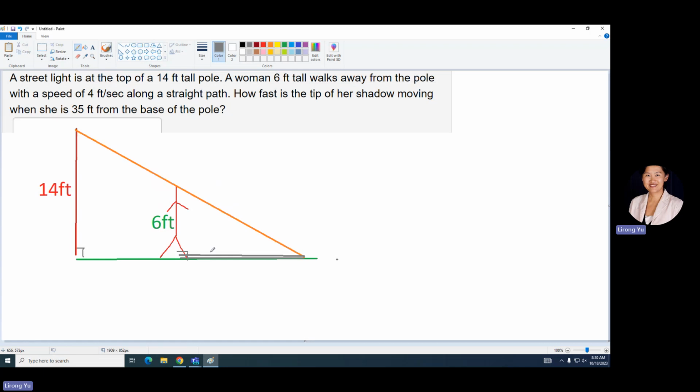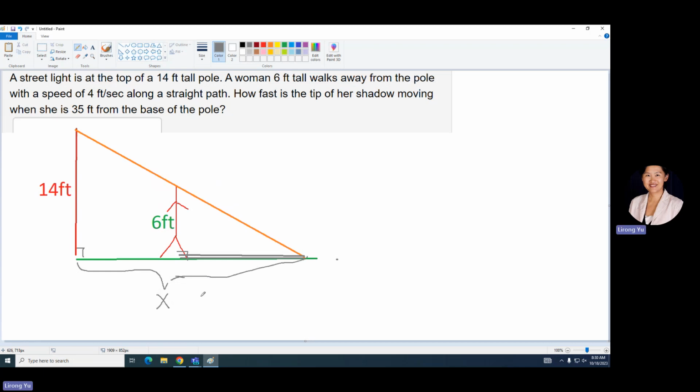How fast is the tip of the shadow moving when she is 35 feet from the base? All right, so we are focused on this one, but the moving of a single point is not going to be quantified. The moving of an exact measure will be quantified. So what we're going to do is call this the origin, so we can measure this. We're going to call this the x value.